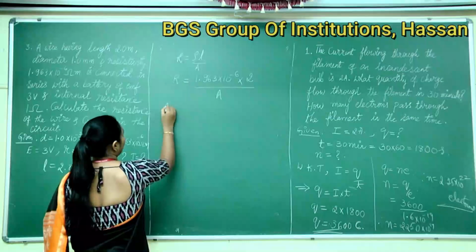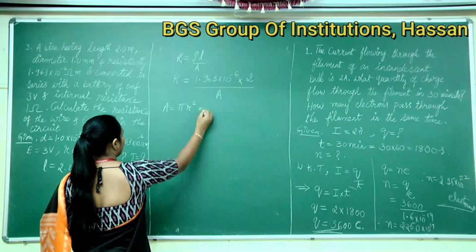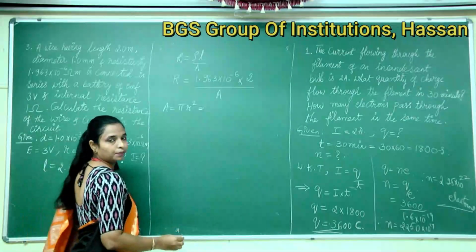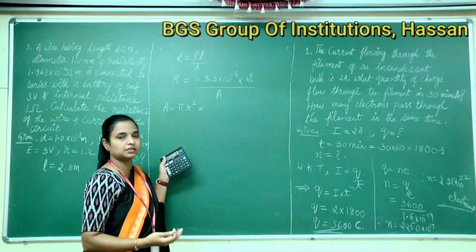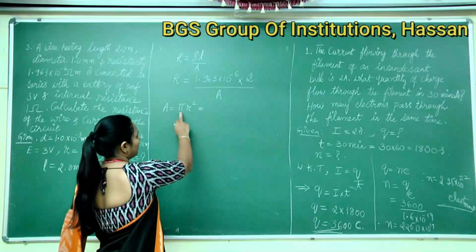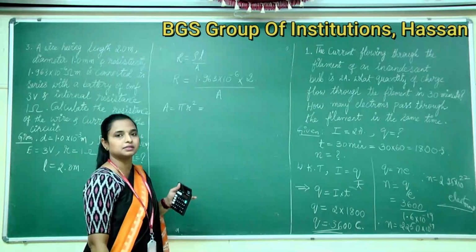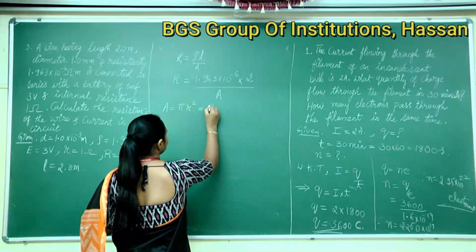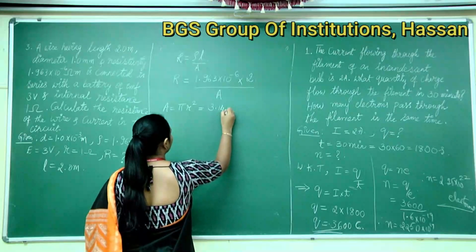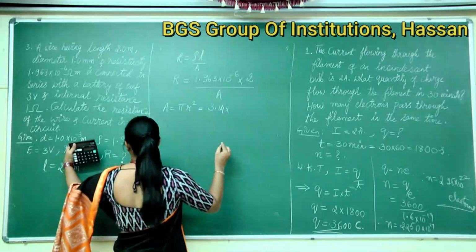So area of a circle is pi r square, but we have the diameter. When we know the diameter, how do we find the radius? Here pi is a constant and r is a radius. Radius is nothing but half of the diameter. So therefore area is 3.14 into d by 2 whole square.